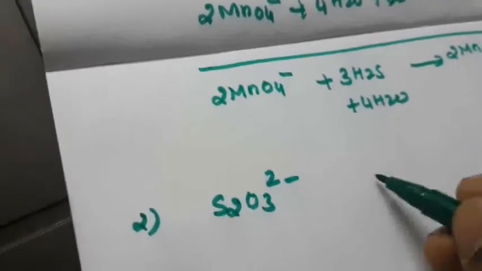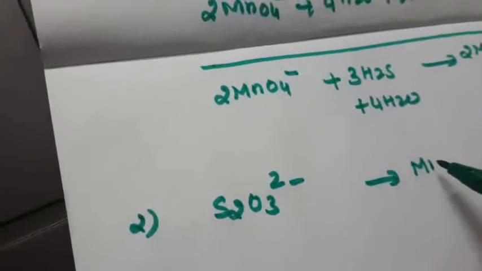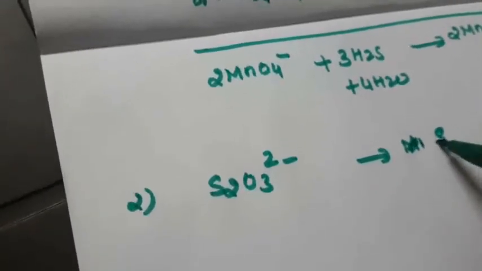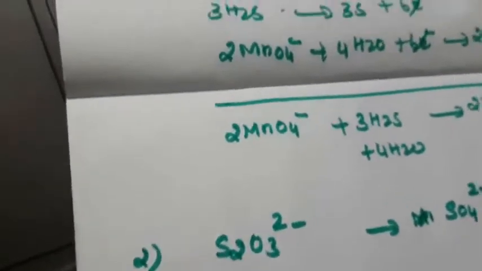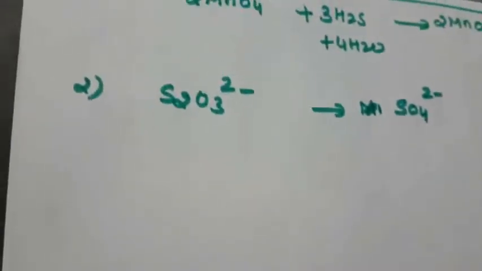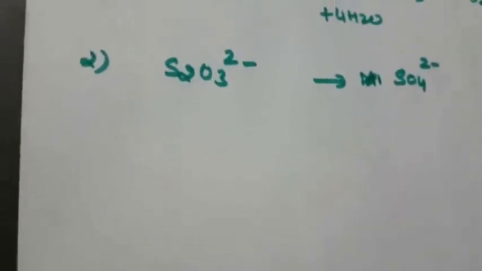Second equation, second example is thiosulfate. S2O3 2 minus is converted into SO4 2 minus. Okay, how will it calculate?